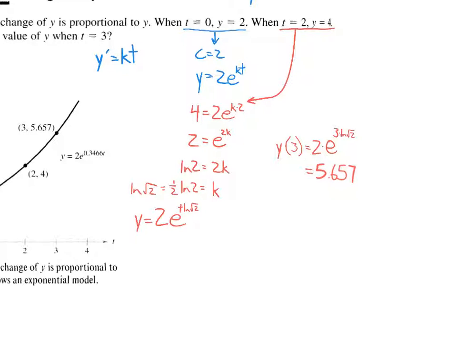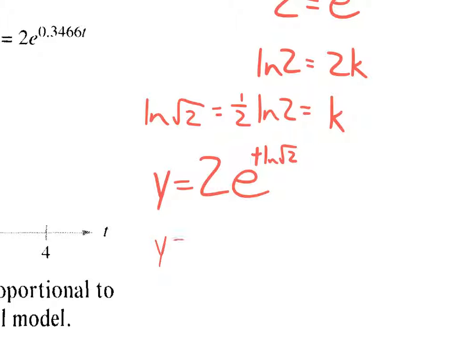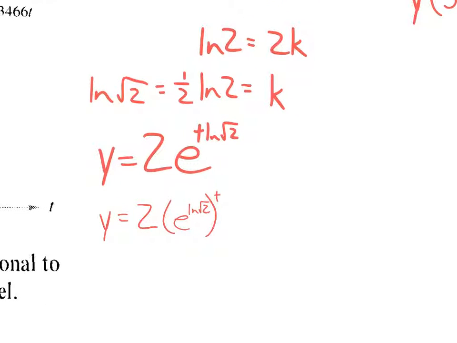Now, by the way, you'll notice I told you we could simplify that y a little bit more. I could rewrite this y as y equals 2 e to the ln of radical 2 to the t power. What's e to the ln of radical 2? Radical 2. So this would be 2 radical 2 to the t power, or 2 times 2 to the t over 2 power.